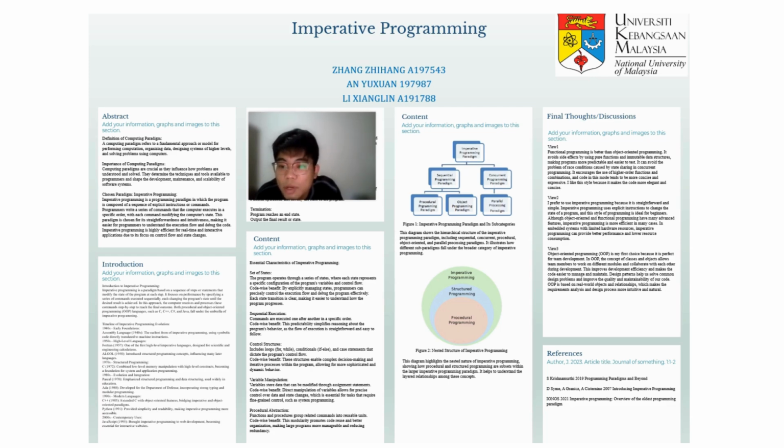Design patterns help us solve common design problems and improve the quality and maintainability of our code. OOP is based on real-world objects and relationships, which makes the requirements analysis and the design process more intuitive.